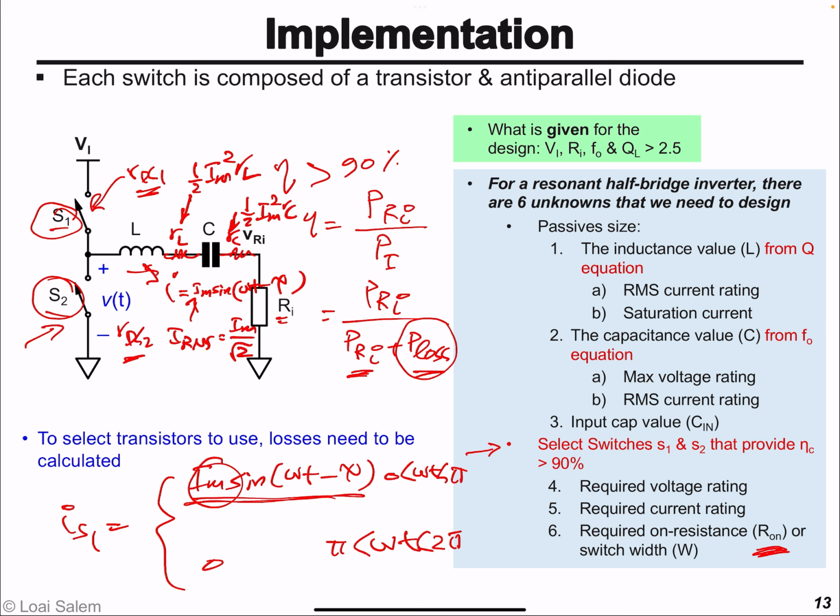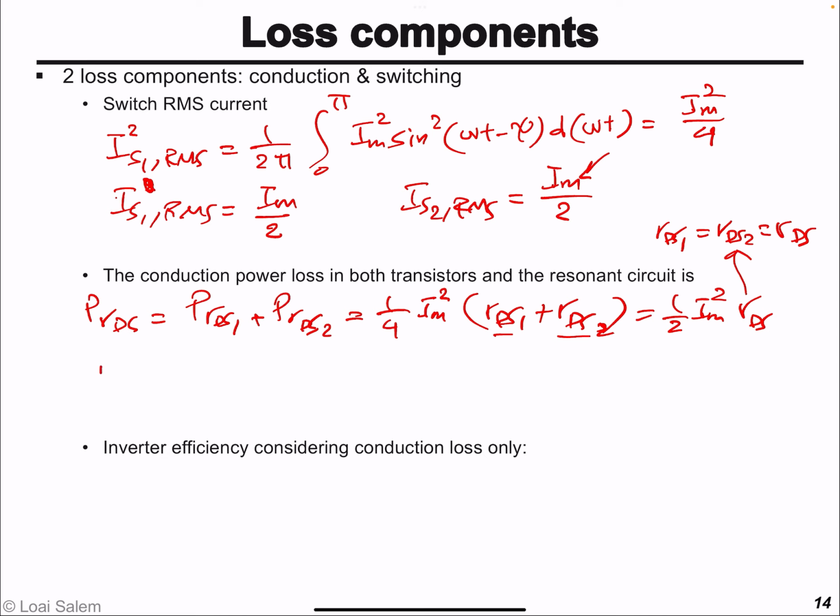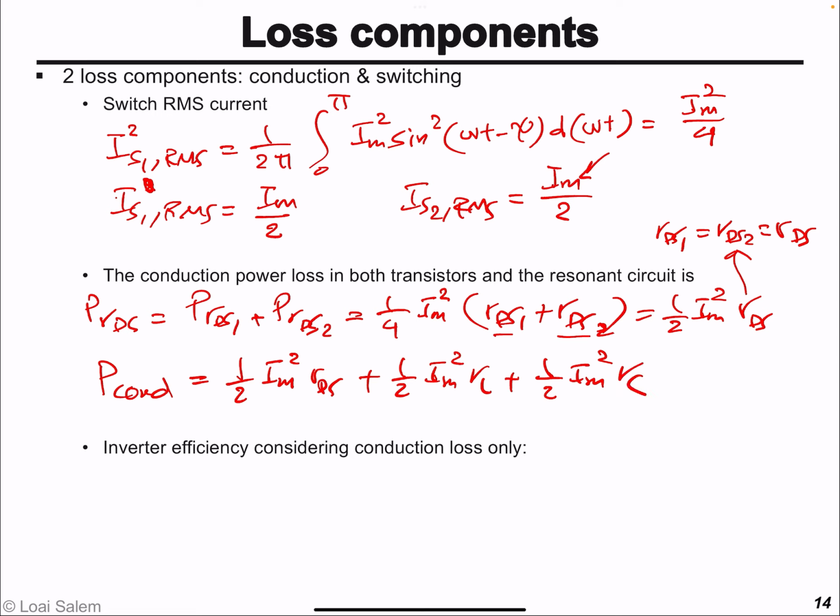So if we add all that together, we get that the total conduction loss in the series resonant converter is going to be 1 over 2 Im square RDS, assuming identical switches, plus 1 over 2 Im square times RL plus 1 over 2 Im square times RC, which can be rewritten as 1 over 2 Im square, if we take it as a common factor, RDS plus RL plus RC.